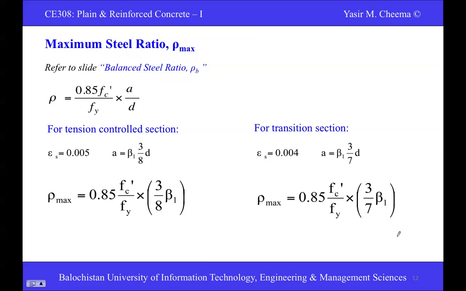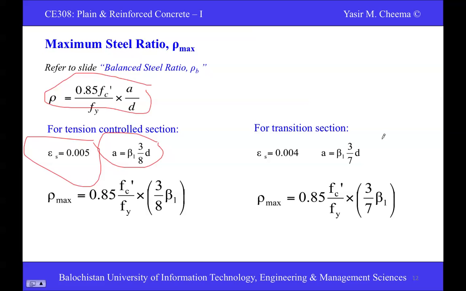Here is the maximum steel ratio. You find the rho balance steel ratio here. This is the balance steel ratio from the previous slide. For the tension controlled section, we take epsilon s as 0.005, and as I mentioned over there, using the similar triangle concept, find the values of c and a.